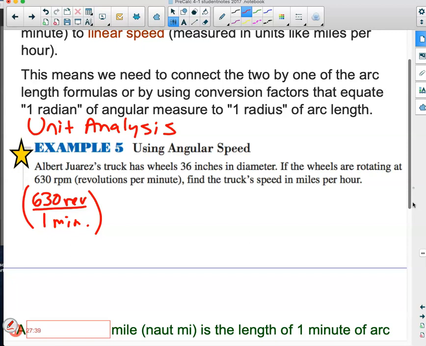Now I know somehow I have to connect that to the circumference of these wheels. Somehow. So I start thinking, okay, well, circumference is 2 pi r, or 2 radiuses make up a diameter, so it's also pi d, which would be 36 pi.